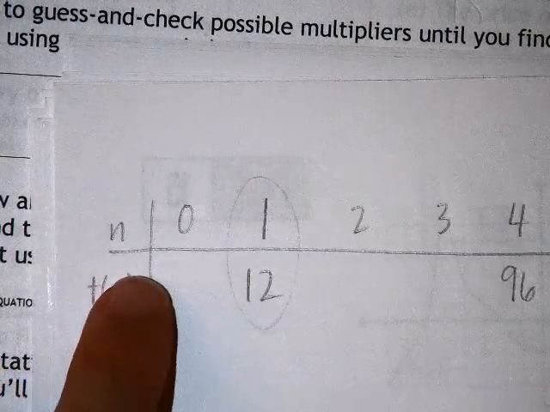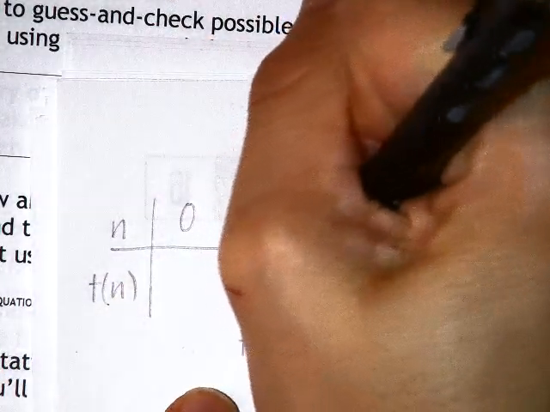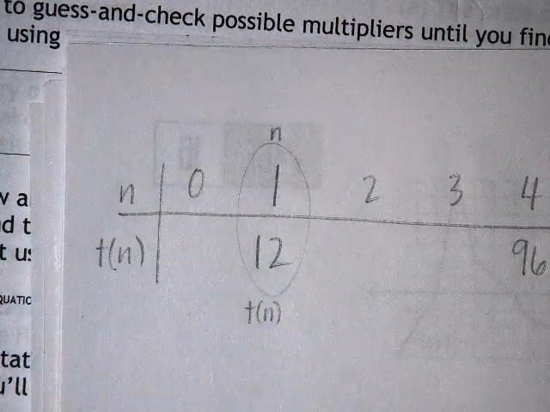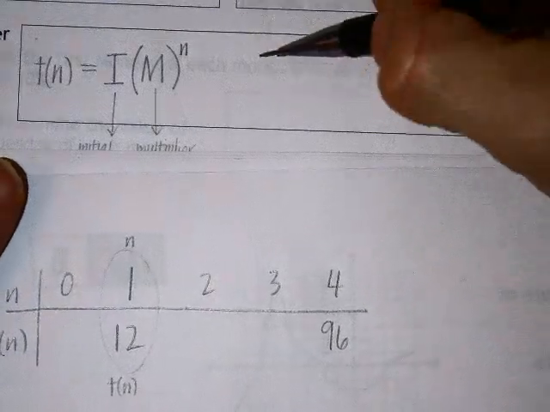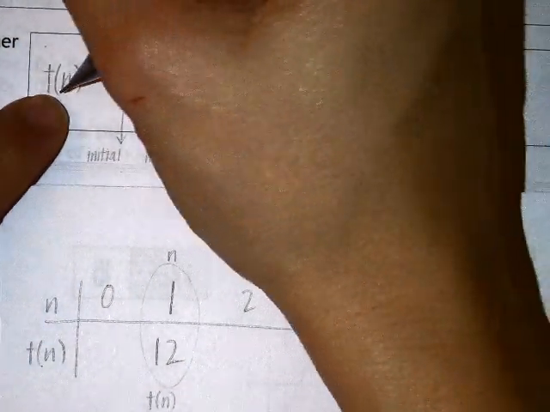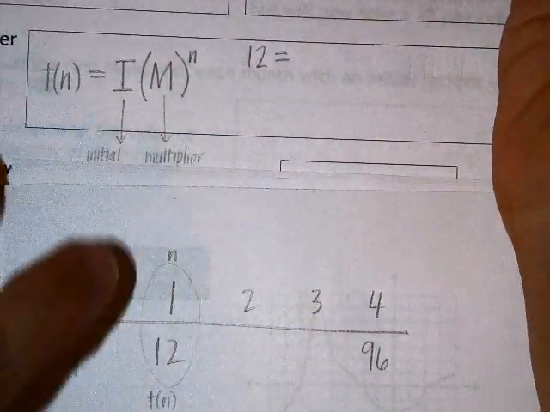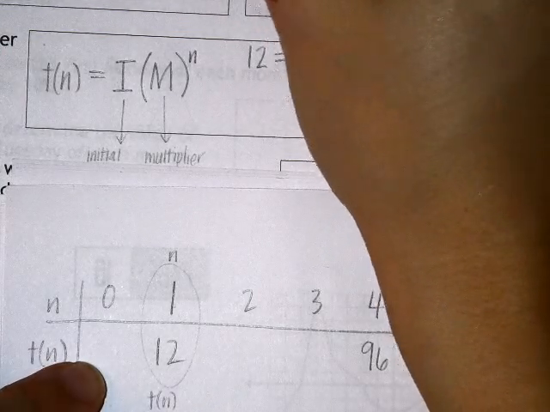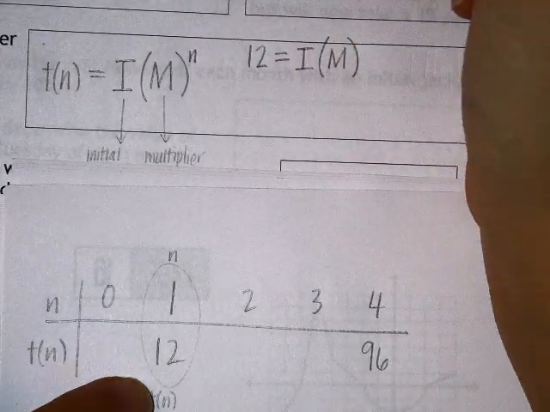I can plug 1 in for the letter n, and I can plug 12 in for the t of n. So a substitution, if you will. And if I rewrite this exact equation, just with the 1 and the 12 plugged in, I'd have, instead of t of n, 12 equals, I still don't know what the initial value is, so I'll leave that as an I. I still don't know what the multiplier is, so I'll leave that as an m.